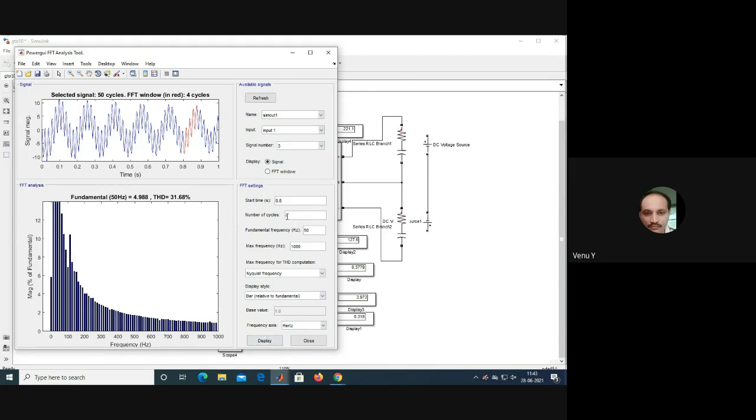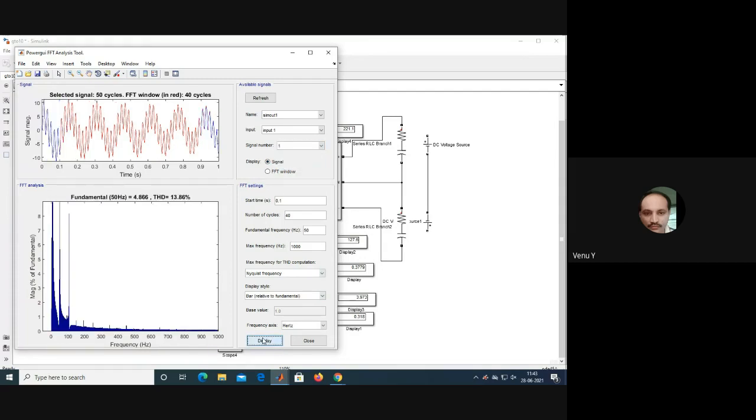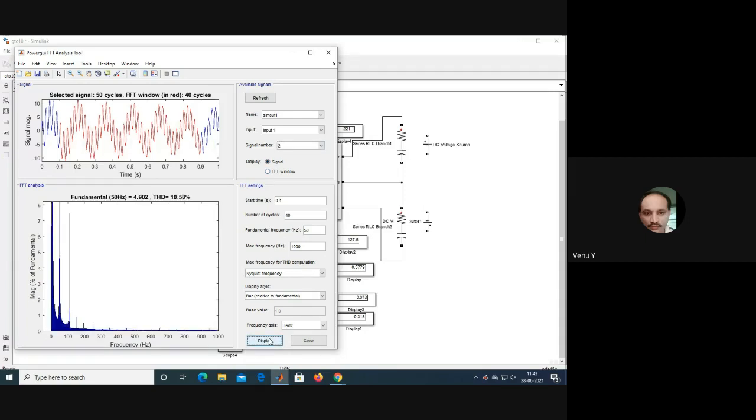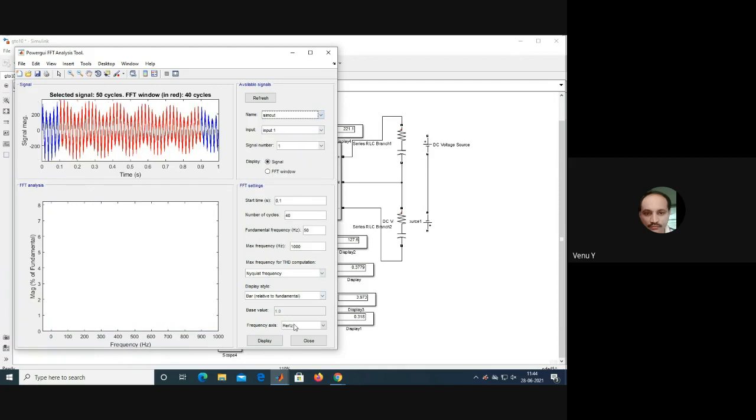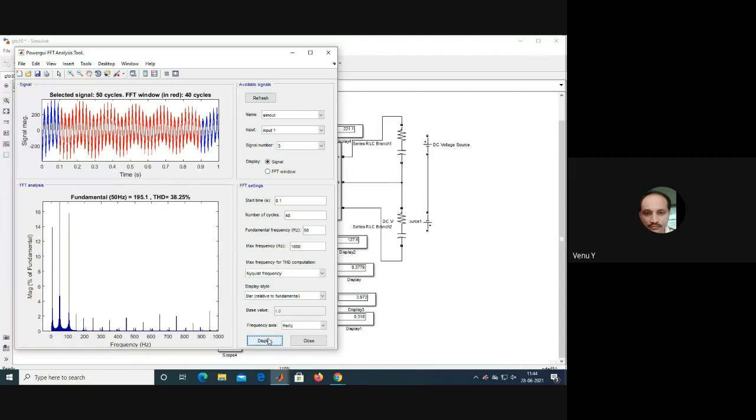You can use 40 cycles. 11.02%, 13.86, 10.58. Coming to voltage waveforms, 40.18, 38.2, 38.24.